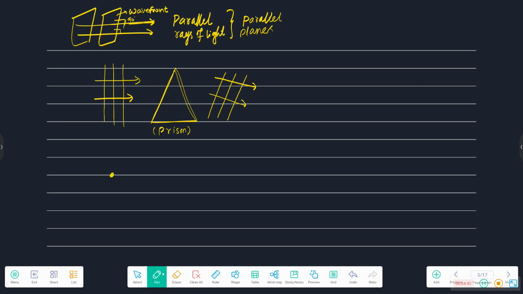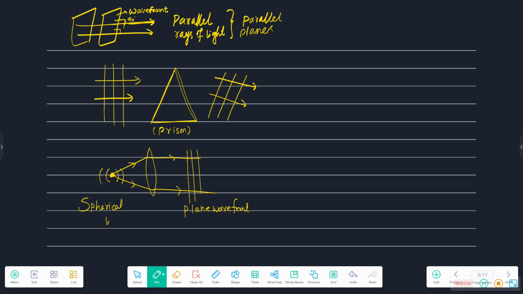Suppose I have a point source at the focus of a convex lens. That means I will have a spherical wavefront. Now if light rays go, the image will form at infinity, and I will have a plane wavefront here. Here is the plane wavefront, and here you have the spherical wavefront.